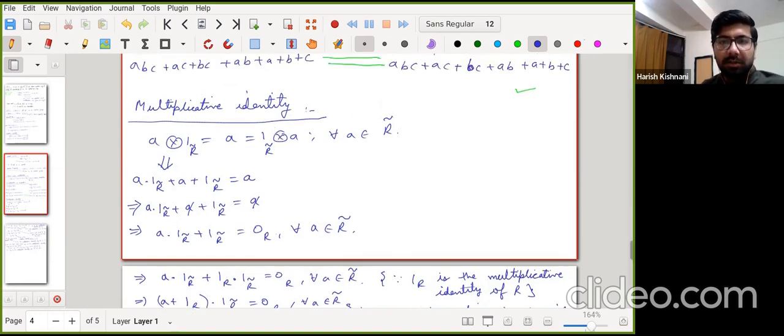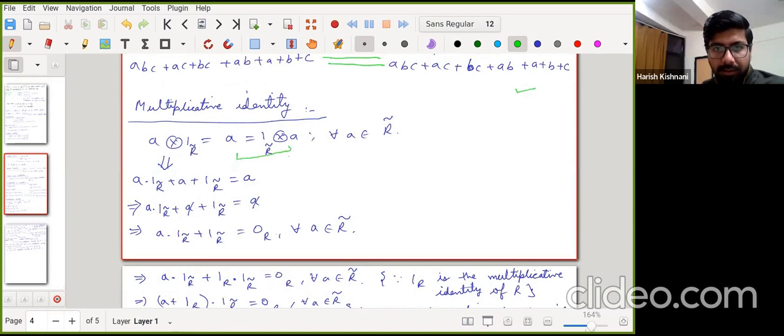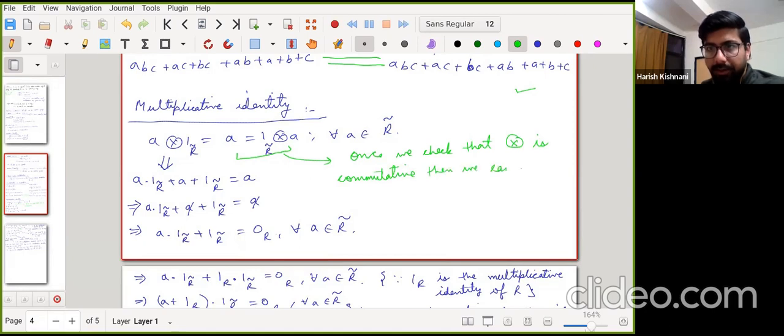Got it? So what I'm saying, that once we check that this product is commutative, then we can omit this part.